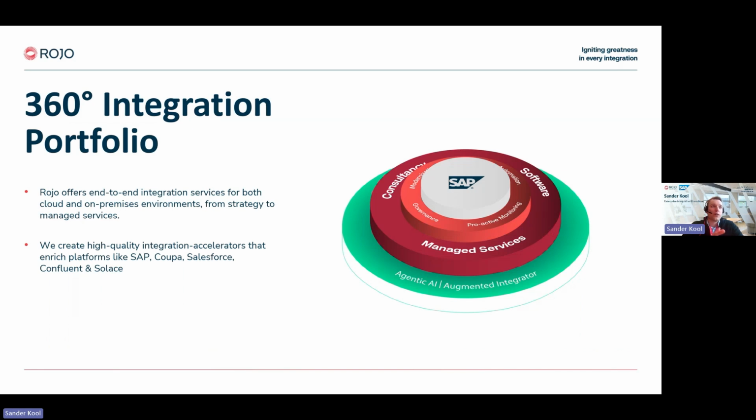If we take a close look at our portfolio, then you see that observability is a key part as well as the AI augmented integrator. So it's no longer the traditional model of SAP integration. We're doing the whole 360 life cycle, and that means also tapping into acceleration in a variety of different scenarios, both business and IT, and we will take you through them step by step.